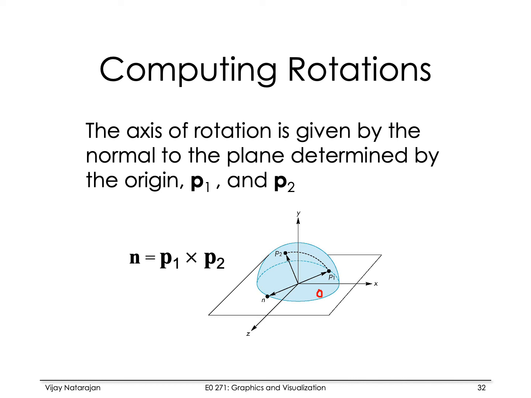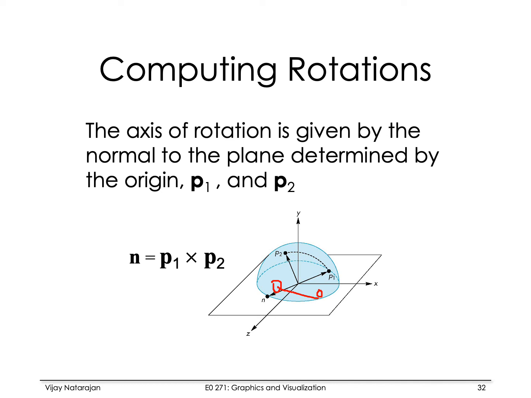So if I move the mouse from here to here, I can imagine that this is the same as holding the trackball at P1 and rotating it such that the point goes all the way to P2, right?